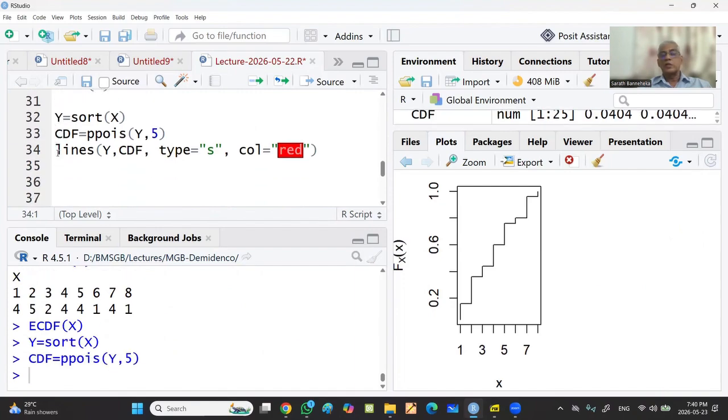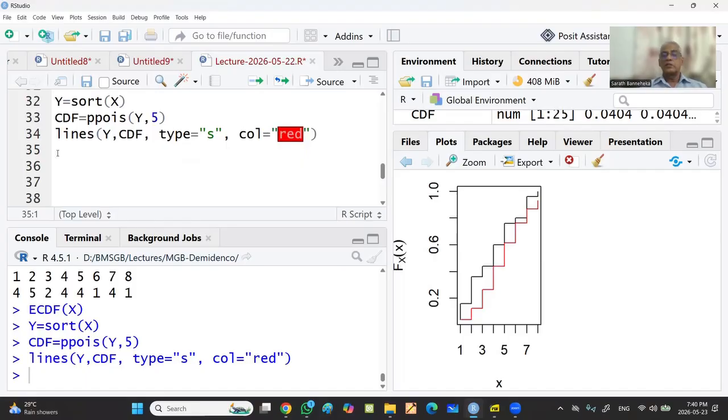So this is the empirical cumulative distribution function for the particular data set that I generated now. And this is the theoretical CDF for the Poisson distribution evaluated at those observed values. You can see there are some differences.